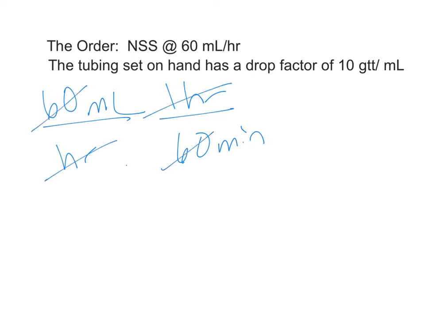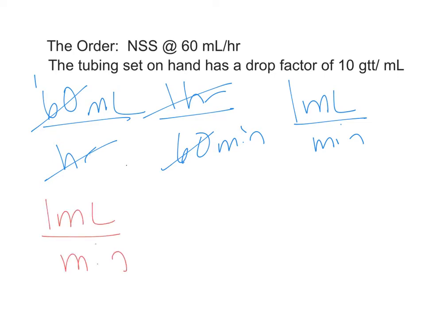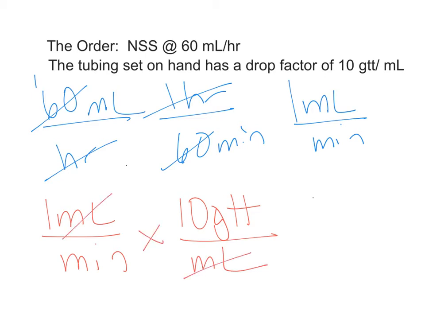We can cancel those out. So we have 1 ml per minute. Doesn't get any easier than that. Now that we have 1 ml per minute, let's use our drip factor tubing. mLs cancel out, multiply across, 10 drops per minute when your rate is 60 mLs per hour.